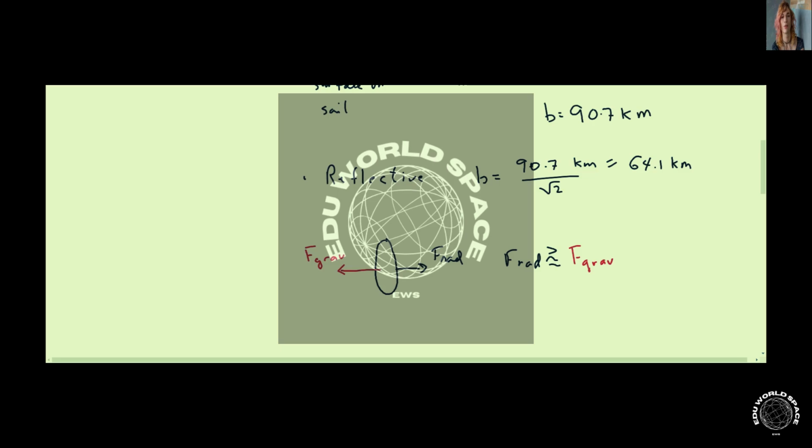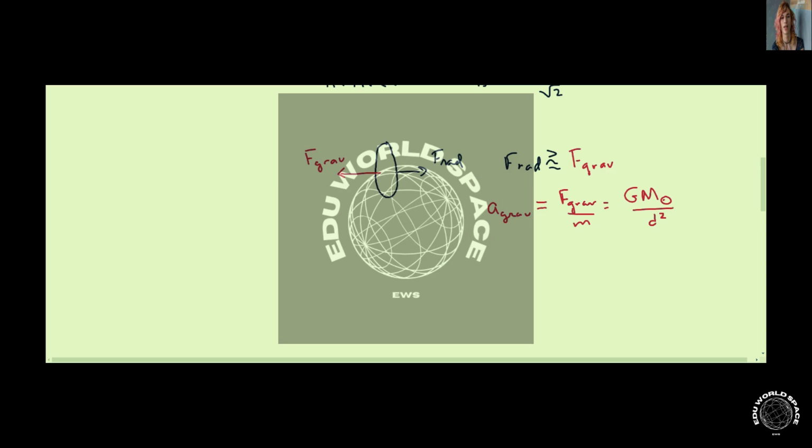And so we can think about the acceleration due to gravity of the sun as being kind of like a critical acceleration that you need to achieve. And that is equal to, we'll divide out the mass of the spacecraft. So we get G M of the sun over the distance squared, which we have already said is 1 astronomical unit.